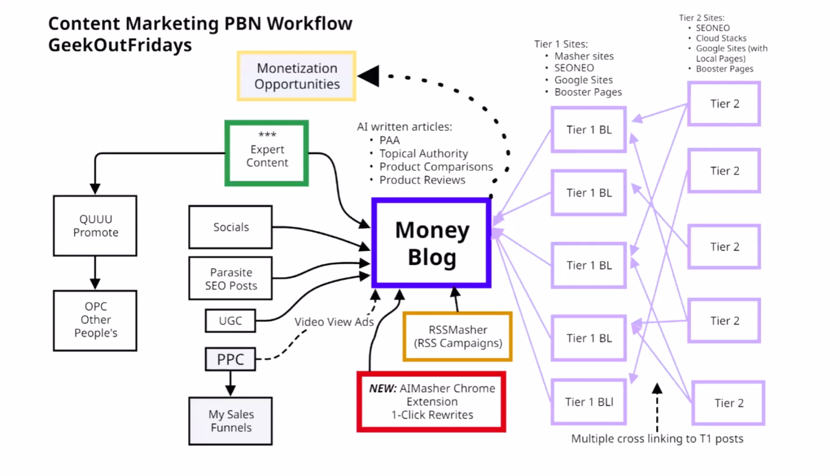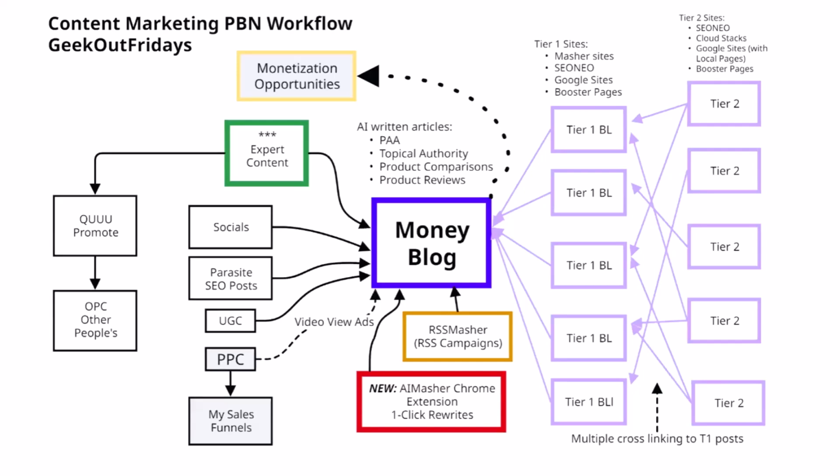Any questions, Wayne, before we go on? This is your workflow right here for building PBNs. This is what we use, so if you have a deviation from this, absolutely try it out. This is what works for us.